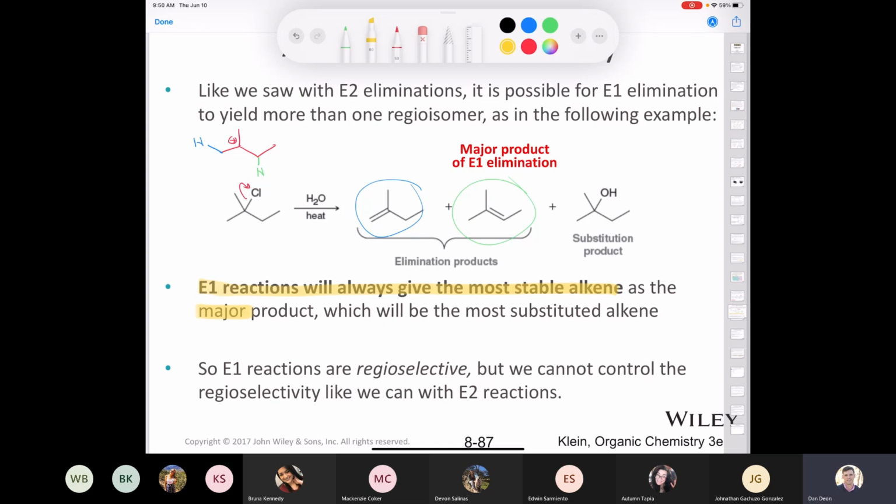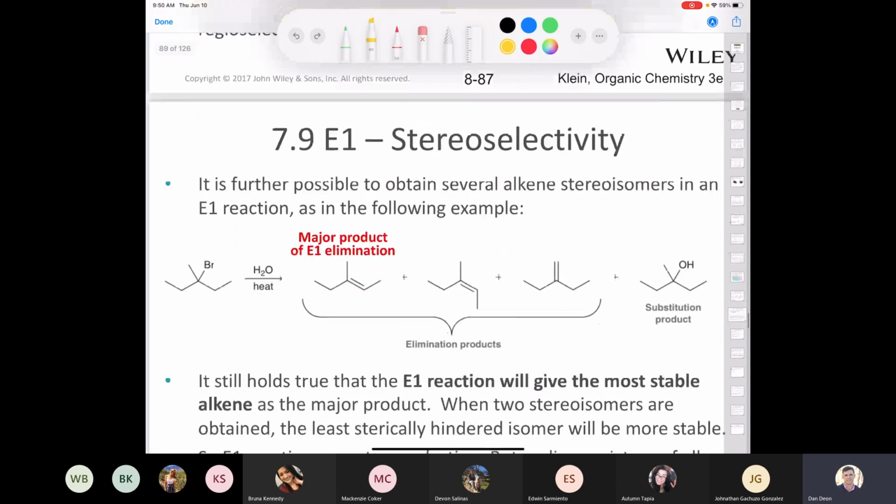So E1s are regioselective, and you always make the Zaitsev product as the major product. But anyhow, the problem is you can't control it. I can't even think of a way to control it. You could fiddle around with solvents and see if you get different yields of E1 products, but there's no quick way to control it. So it's not really as useful.